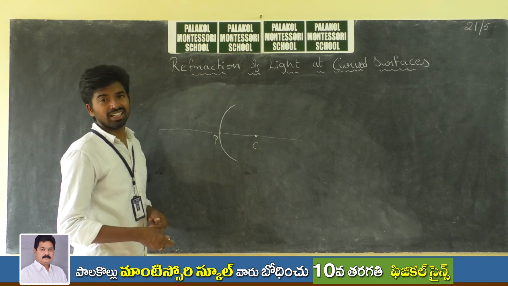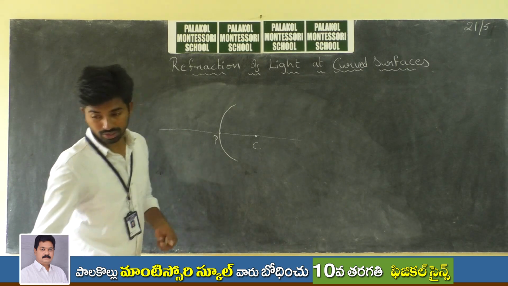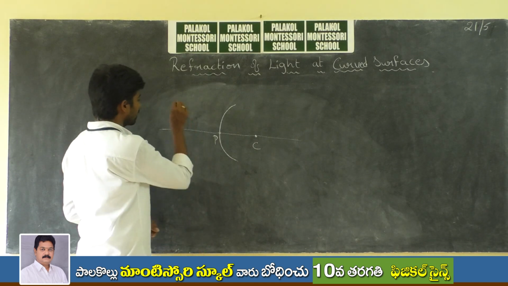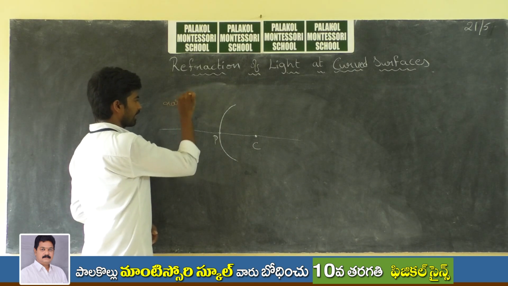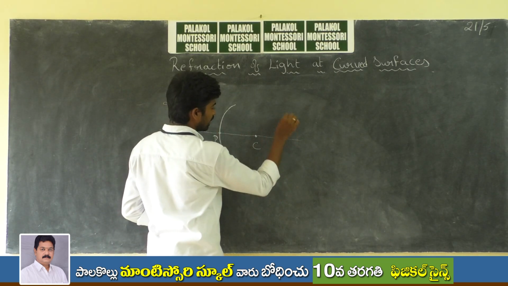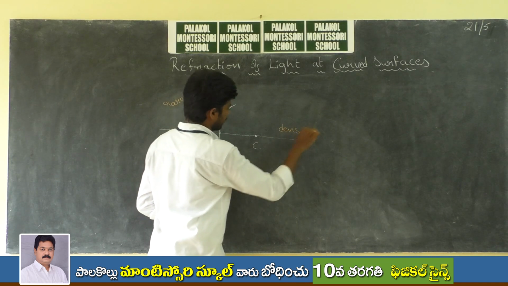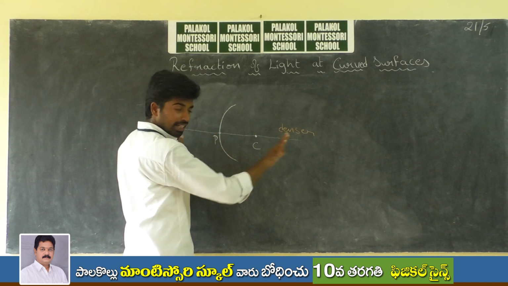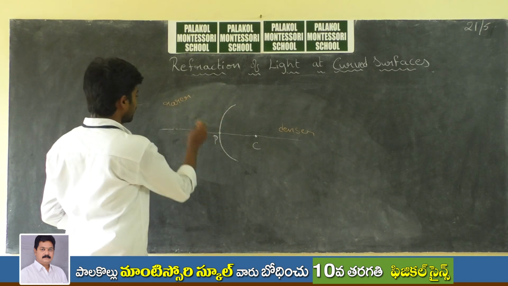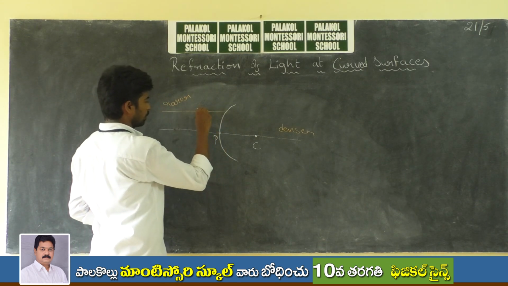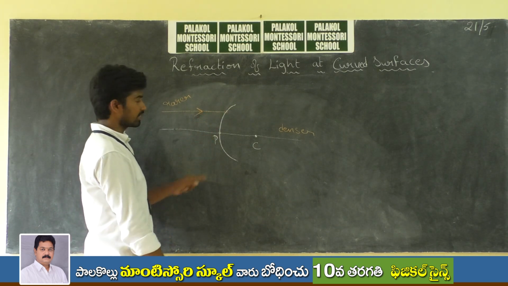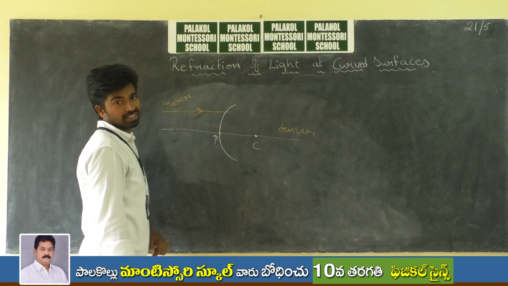So let us consider a light ray. This curved surface separates two mediums: the left-hand section is the rarer medium and the right-hand section is the denser medium. Let us consider a light ray incident on the convex surface.